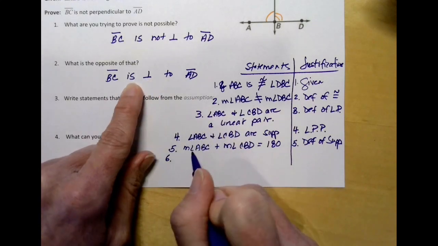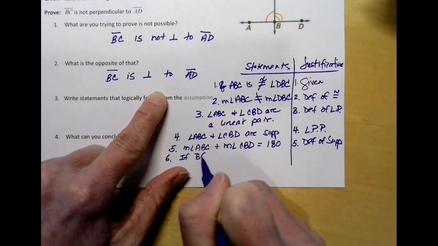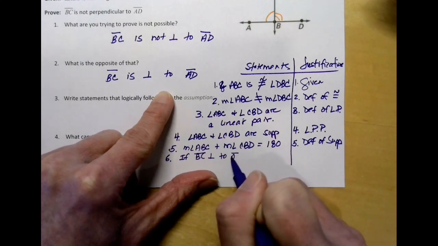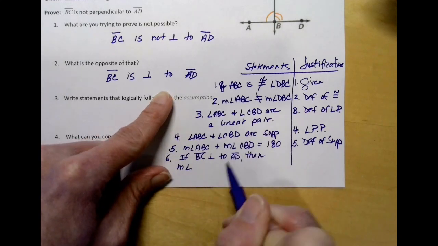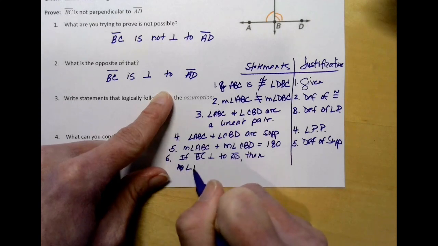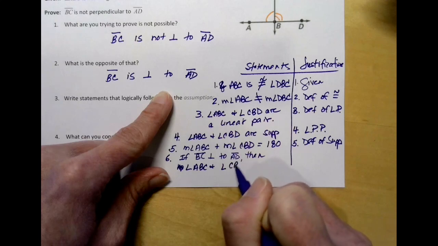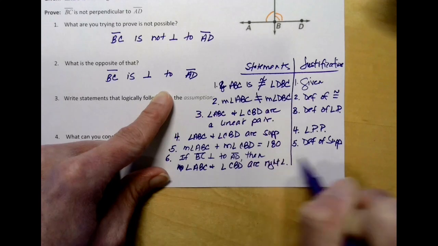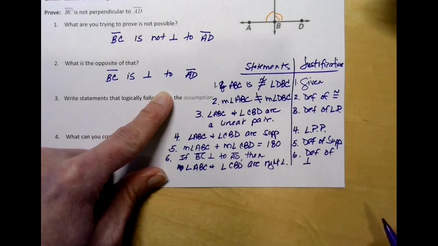If they are perpendicular, then I would say if BC was perpendicular to AD, then actually it wouldn't be the measure, it would be angle ABC and angle CBD are going to be right angles, and that is my definition of perpendicular.